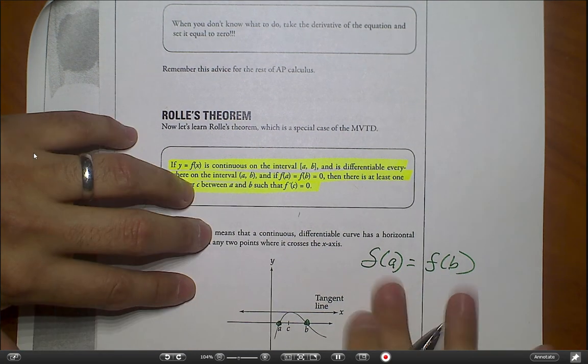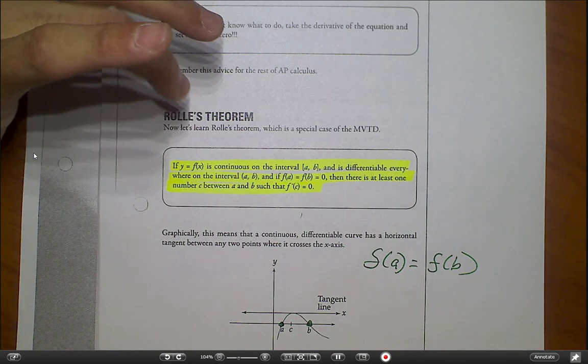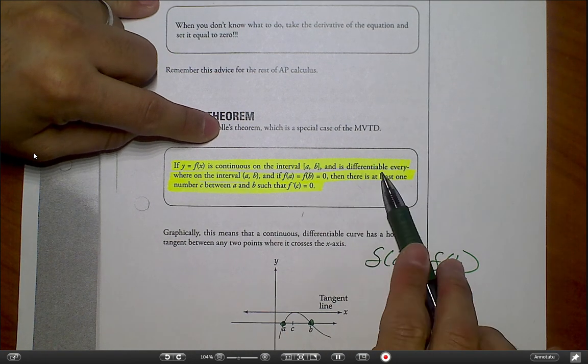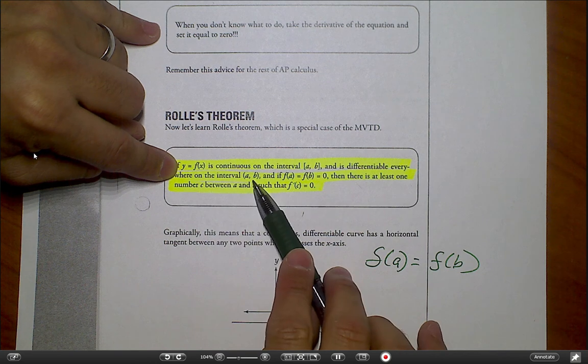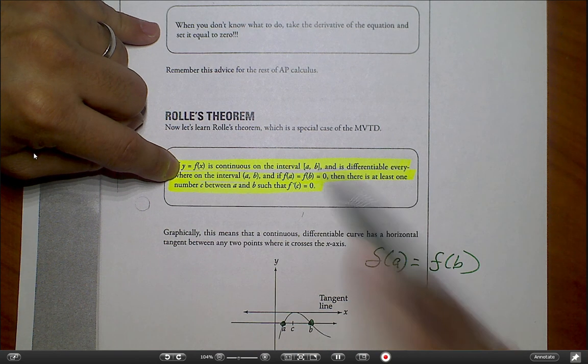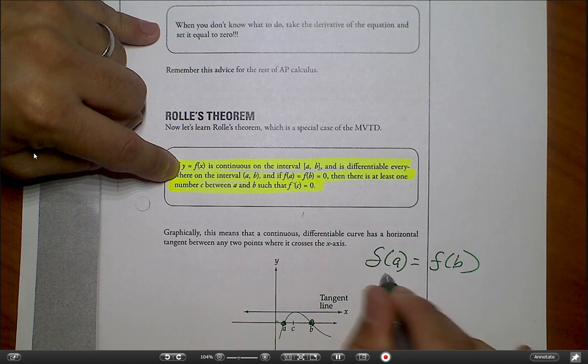It's also stating that it's continuous on the interval and differentiable everywhere on the interval. So if you just do the endpoints, they're going to be the same.